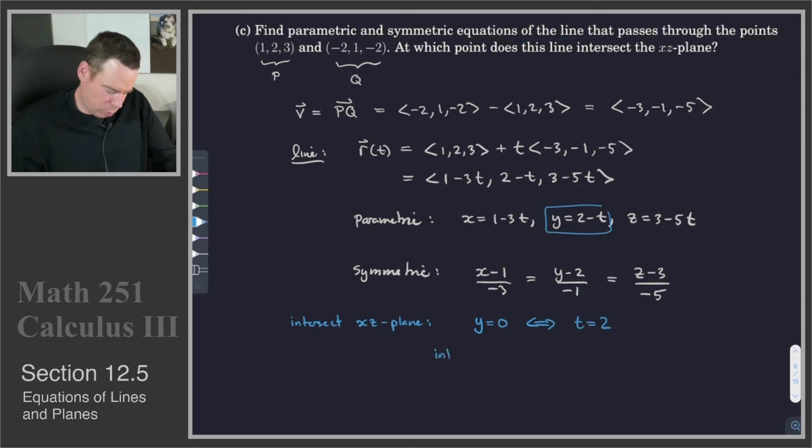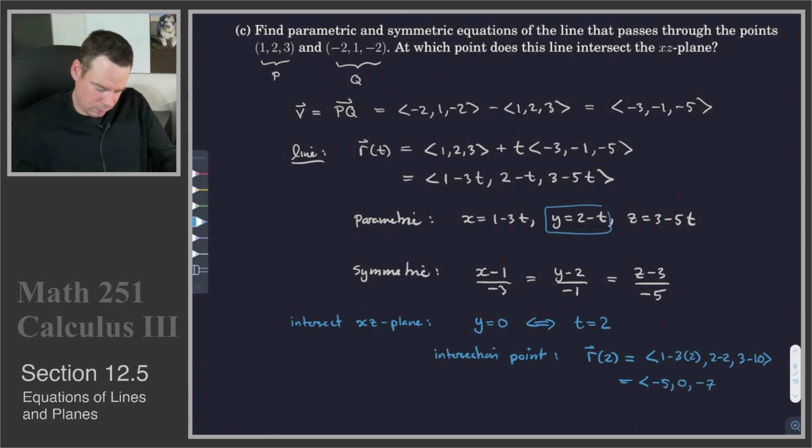So the intersection point is given by r of 2, which is 1 minus 3 times 2, so maybe we'll write it out and then work out the values. 2 minus 2, we already know that's going to be 0, and then 3 minus 5 times 2, or 3 minus 10. So in other words, it intersects at 1 minus 6, or -5, 0, -7. So the intersection point is just given by changing the brackets from angle brackets to round brackets, so now it's a point.